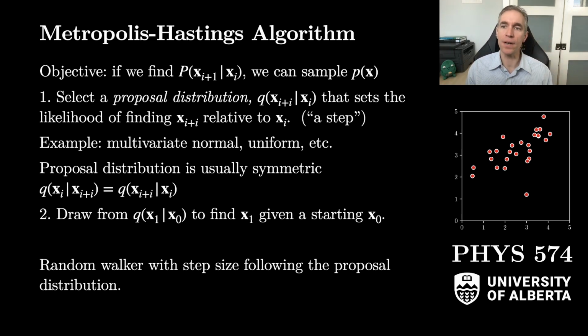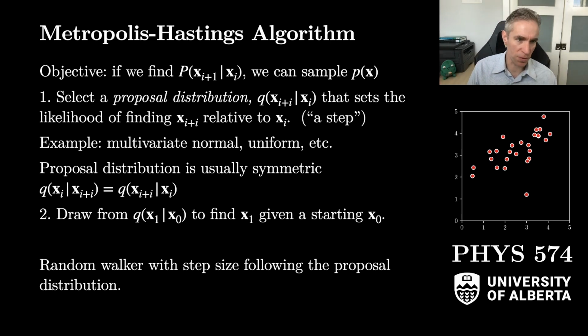The intuition here is that this is the probability density function of taking a step in this high dimensional space. If it's a Gaussian PDF for a proposal distribution, you are likely to take a step that's of order the standard deviation of the Gaussian, and you are unlikely to take a step that's 30 times the standard deviation. So that gives us an intuition for what this proposal distribution is.